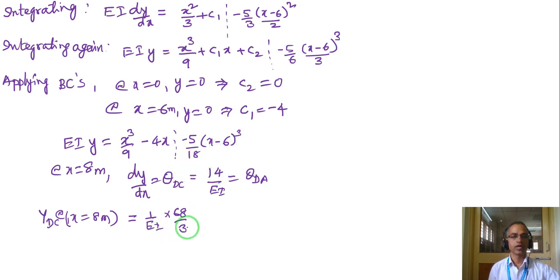Adding all, we get this: it is 68 by 3 EI. So this is the deflection from the right hand side. Similarly, we have to get yda when you take the portion AD. Now let us go to the portion AD.